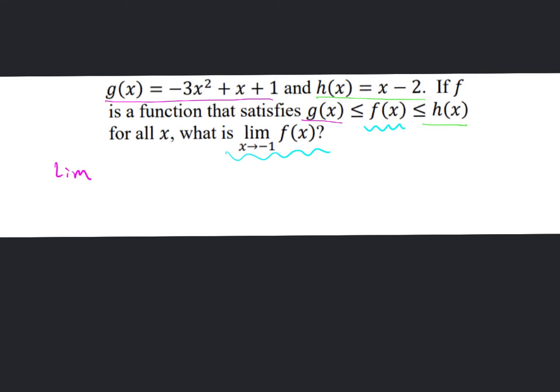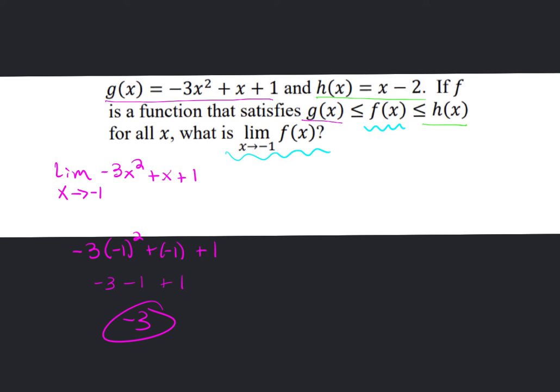So the limit as x approaches negative 1 of g of x, so of negative 3x squared plus x plus 1. Let's see what that equals. If I plug in negative 1, negative 3 times negative 1 squared plus negative 1 plus 1. So I'm looking at negative 3, take away 1, negative 4 plus 1 goes back to negative 3.